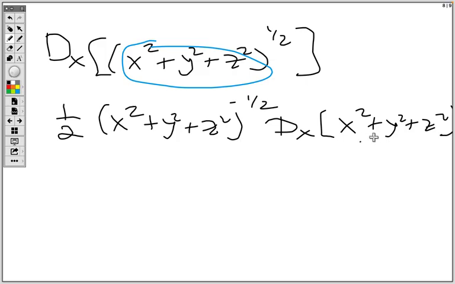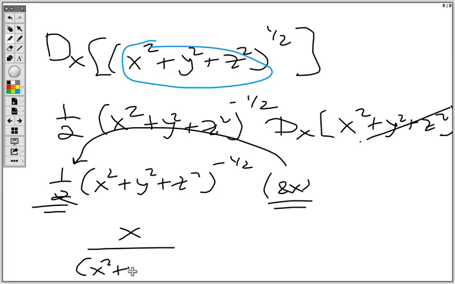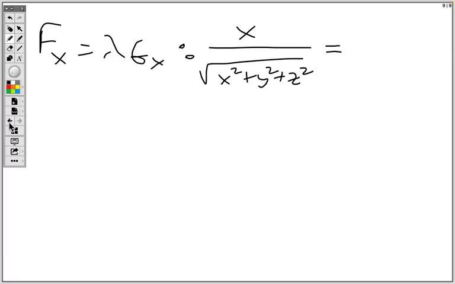So those are going to zero out. I'll just be left with the 2x. Then I'll just use the commutative property and move that factor over there, and the 2's will cancel out. Okay. And then if we want, we can put that denominator in its place like that. So I would have x over the square root of x squared plus y squared plus z squared equals lambda gx.